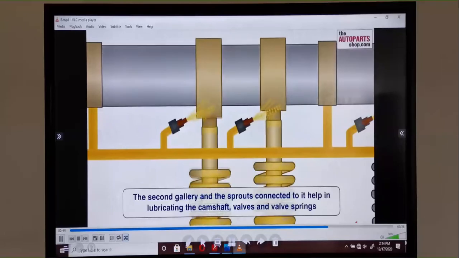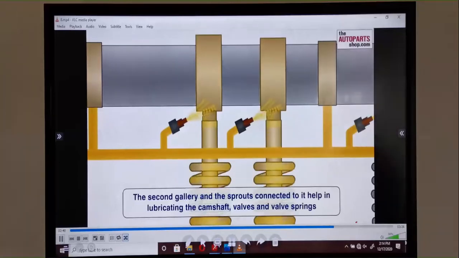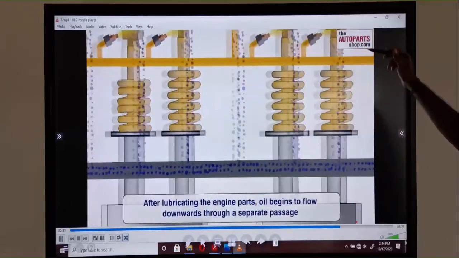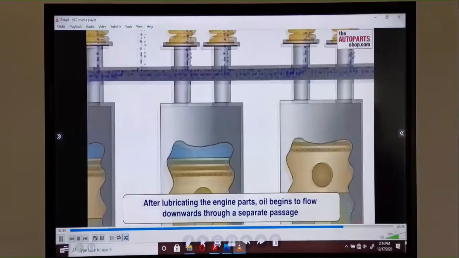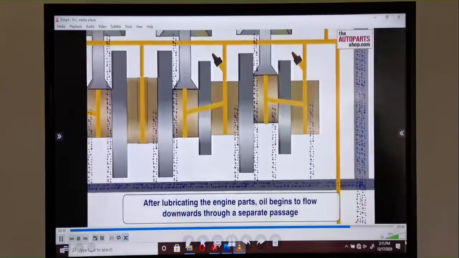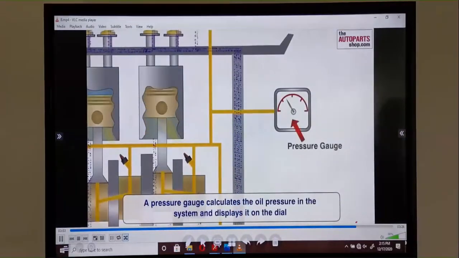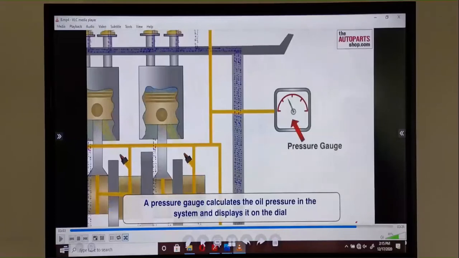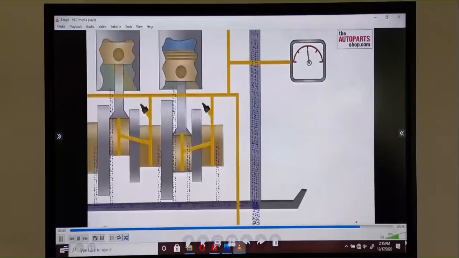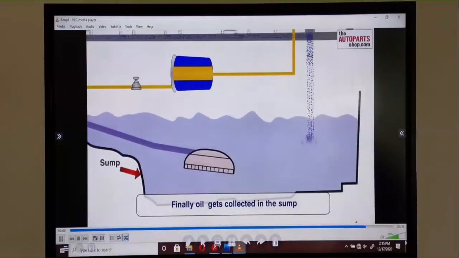After lubricating, the oil returns through the return lines like this. Okay, there's a return line here. By the return lines, it's again stored in the oil sump. So here we can see the pressure gauge, the pressure of the engine oil. Okay, then it all returns to the sump.